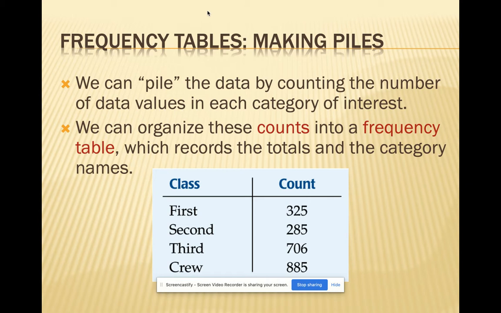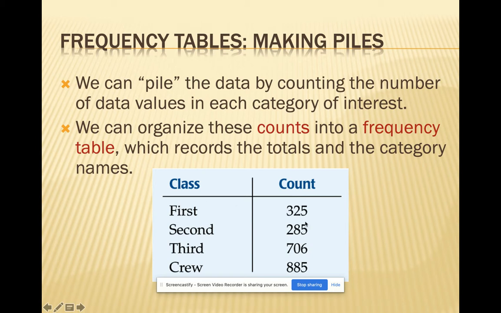Okay. So we compile data by counting the number of values in each category of interest and make a frequency table. They're a good way to summarize the data before we try to make a picture. Okay, so here we have data from the Titanic.